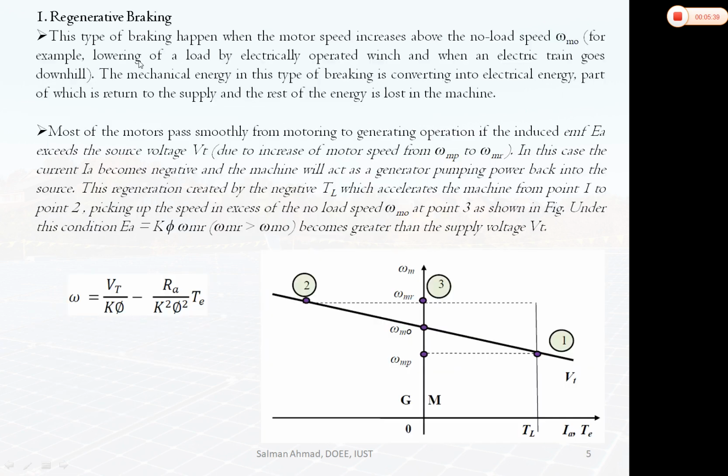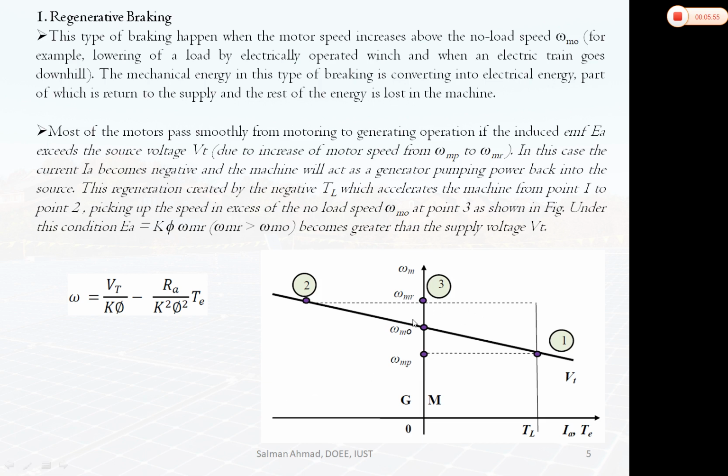So in regenerative braking, the speed of the motor is made more than the no load speed. So back EMF will be more than the armature voltage.